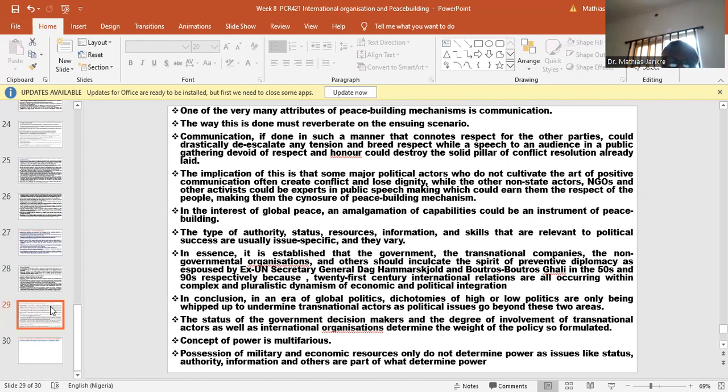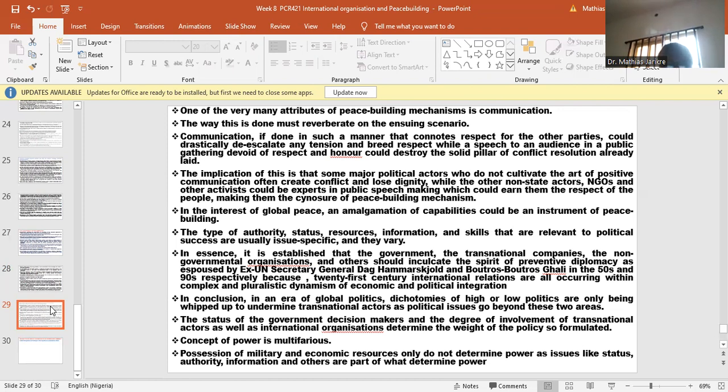In the interest of global peace, an amalgamation of capabilities could be an instrument of peace building. The type of authority, status, resources, information, and skills that are relevant to political success are usually issue specific, and they vary.